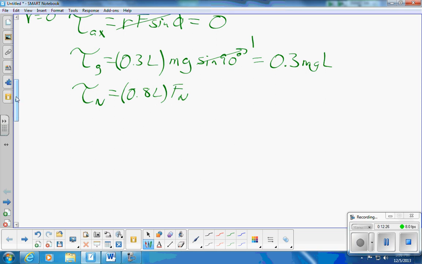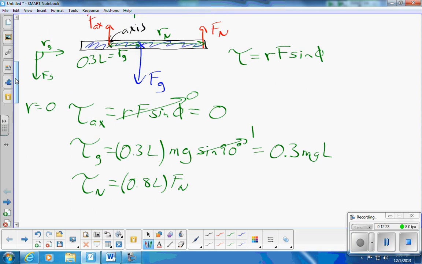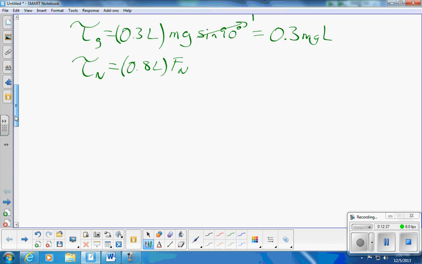And again, if I'm exerting this force straight up, this time I'm going to extend that line of r_n. The angle between Fn and r_n is 90 degrees, and so again sine of 90 degrees is 1. So in this case, I get 0.8 Fn times L. Okay, so there are some torques.